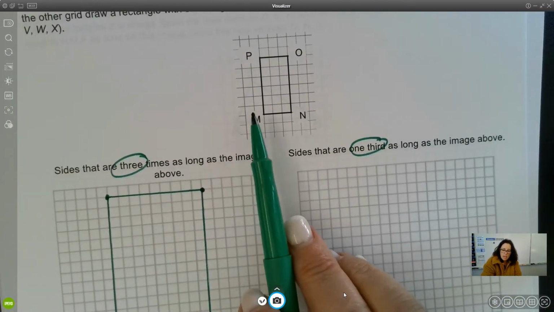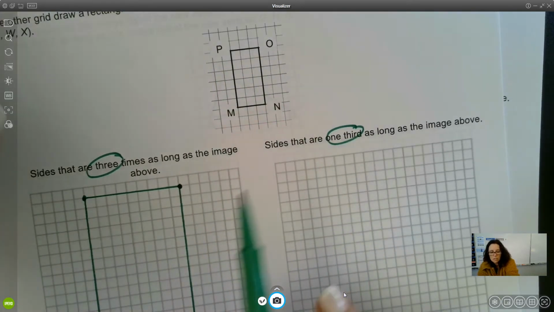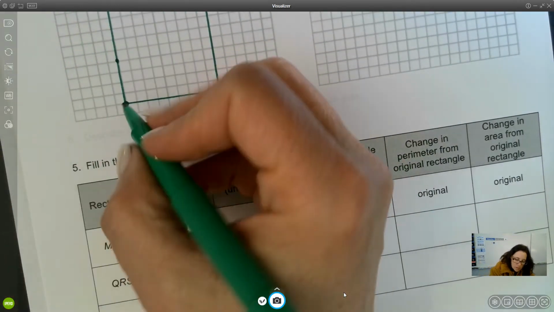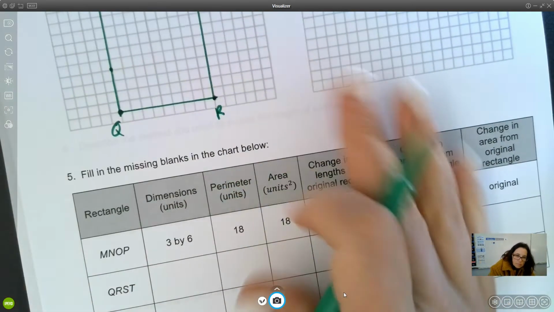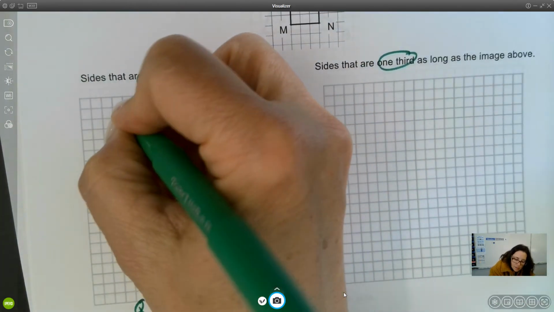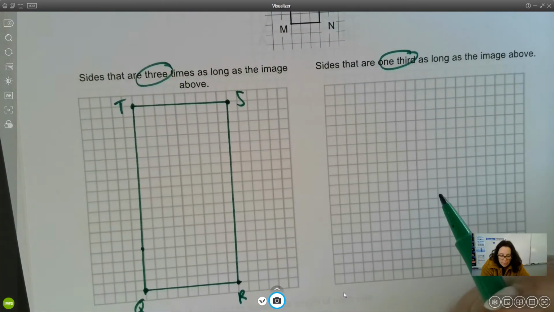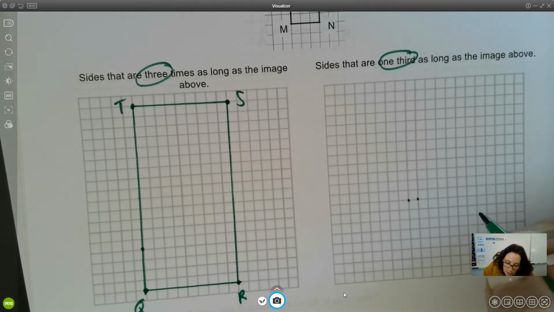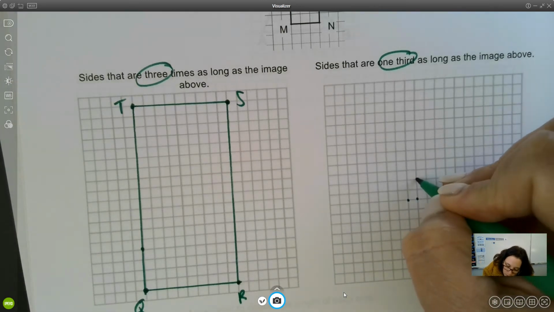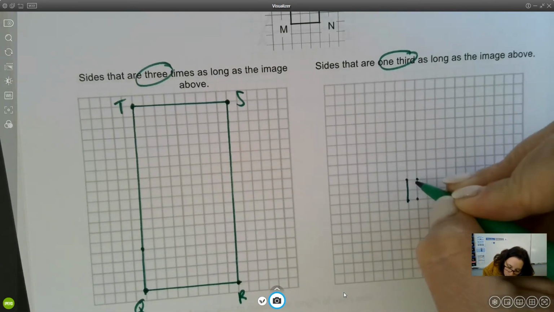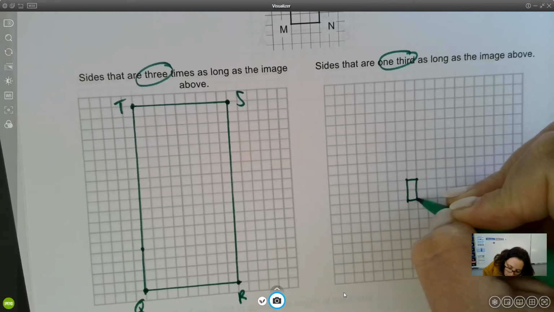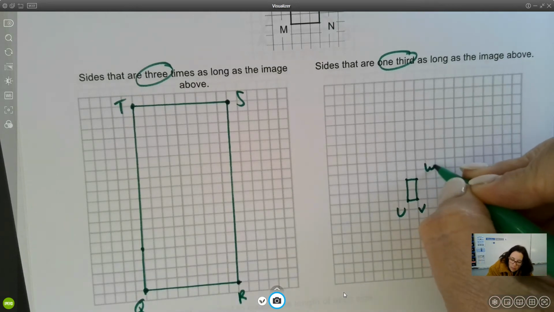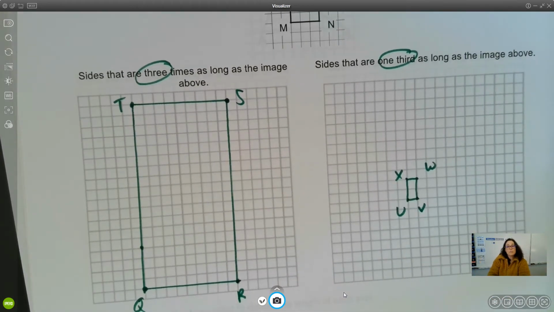If it's MNOP, we need to label in order here, here, here, here. So this is QRST. Now 1/3, that's just going to be 1 unit by 2 units. I think I'm just going to freehand this one because this one's pretty teeny. And I'm going to go ahead and label U, V, W, X in that order specifically.